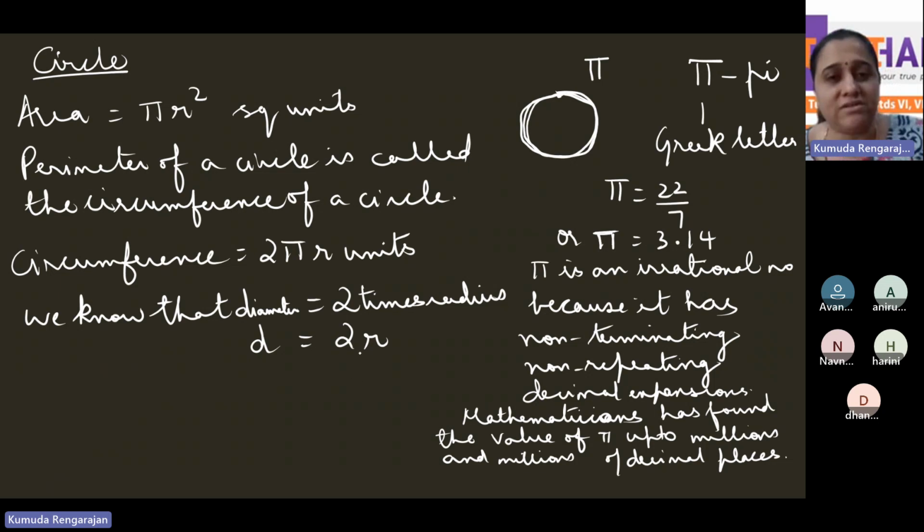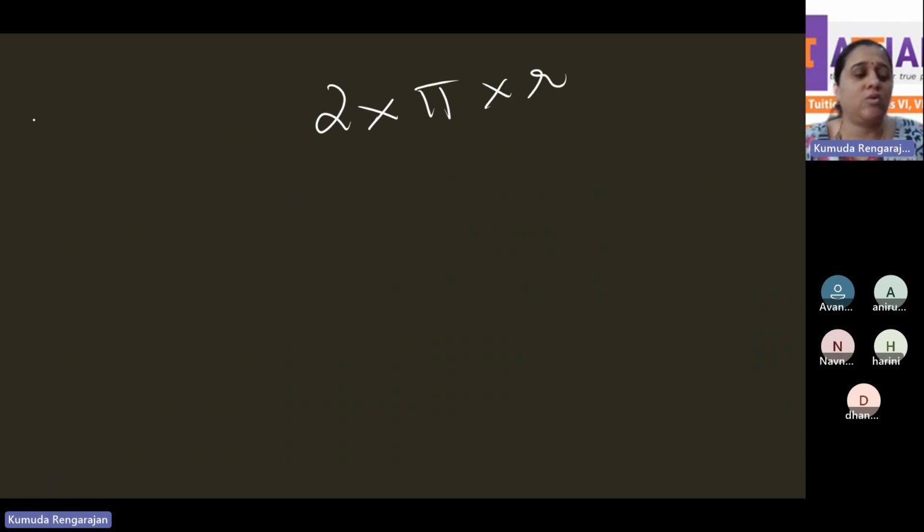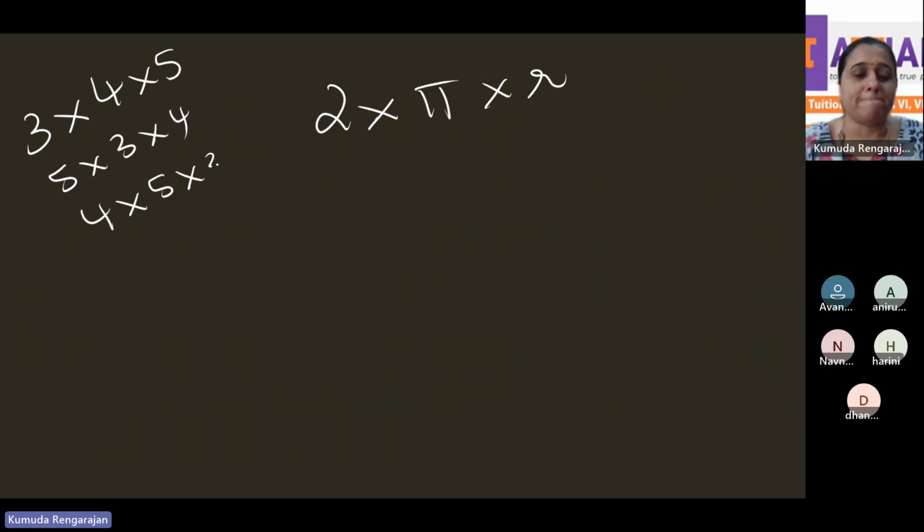So since diameter is equal to 2r, now go back to the formula 2 pi r. What is this 2 pi r? 2 into pi into r, correct? Now we know that multiplication is associative. So 3 into 4 into 5, you can write it as 5 into 3 into 4, or you can write it as 4 into 5 into 3.